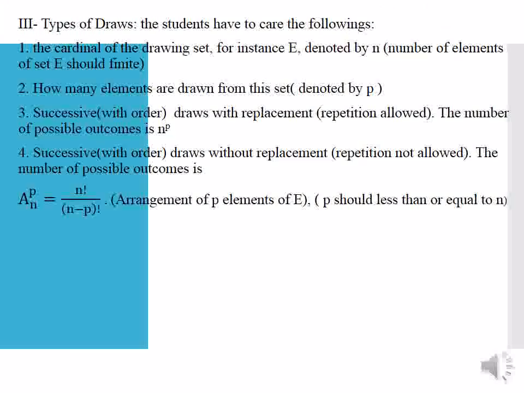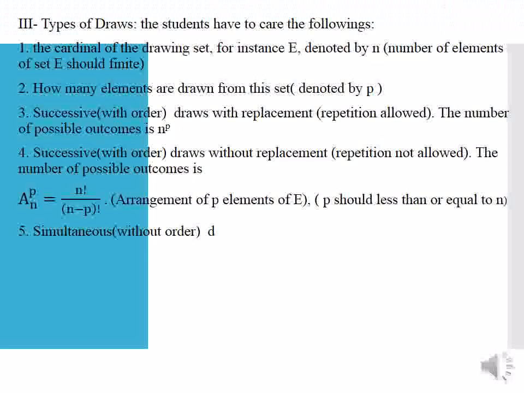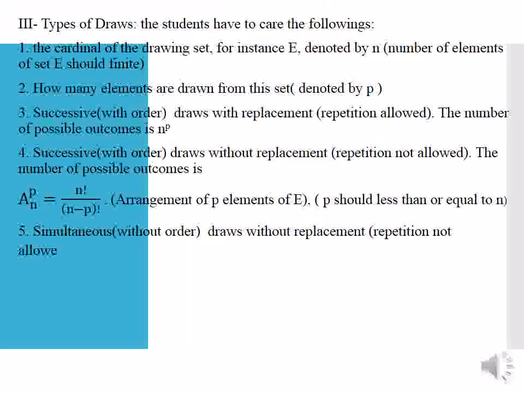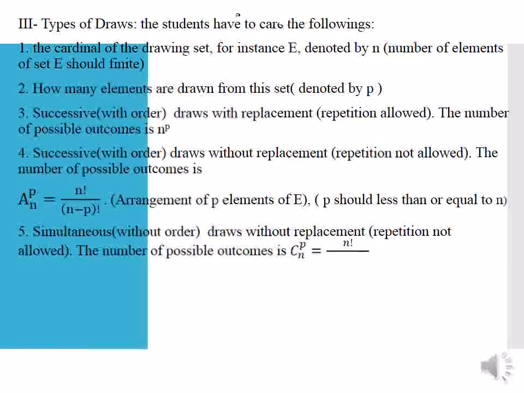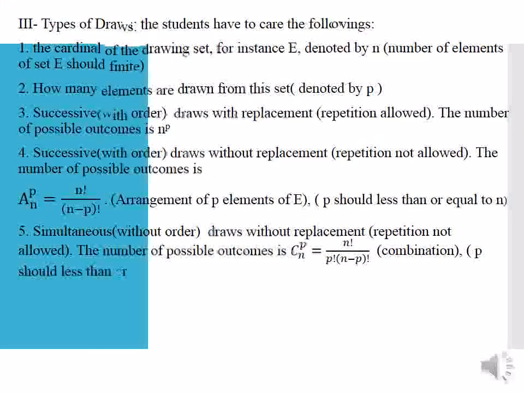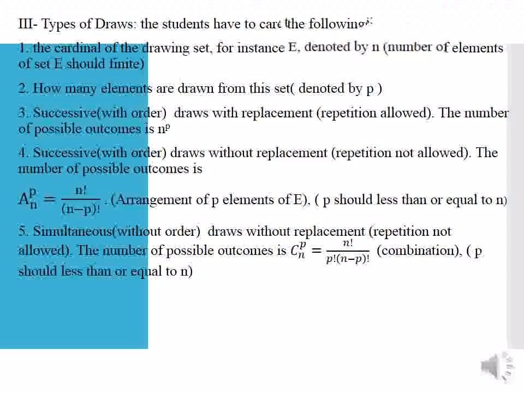The third one, simultaneous draw without replacement. Here repetition is also not allowed, but the difference from the previous type is that there we have order, and here without order. So the word simultaneous is also important.